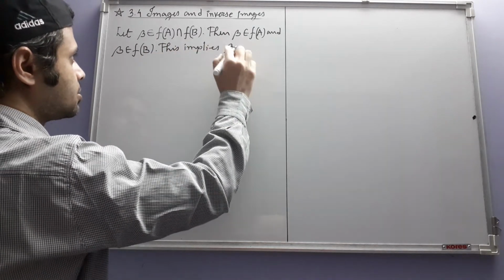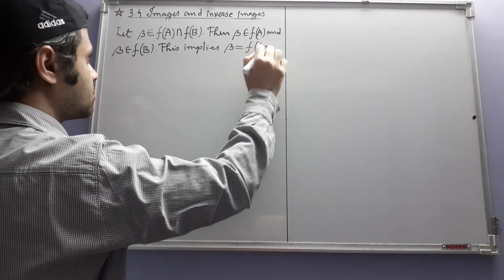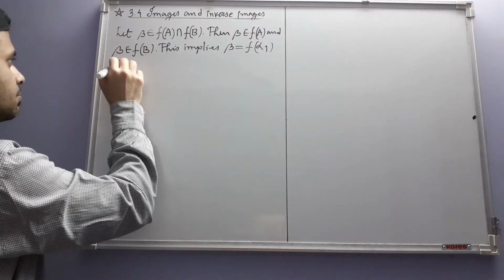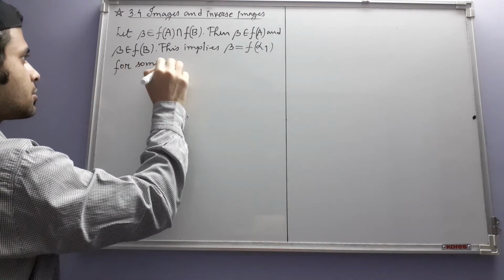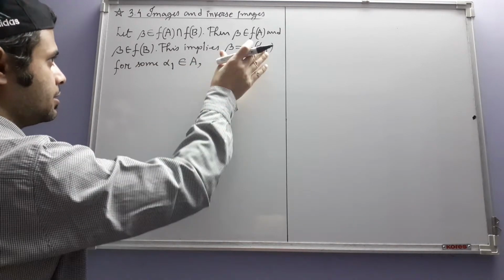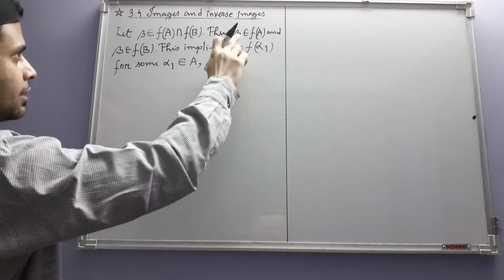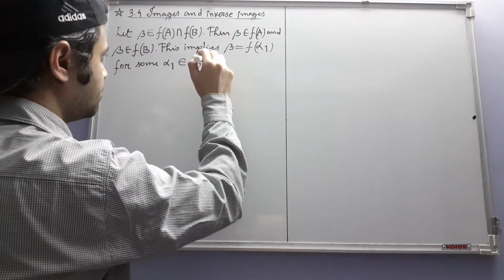This implies beta is equal to f of, say, alpha 1 for some element alpha 1 in A, and this is the conclusion that we get from this relation, beta being in f(A).